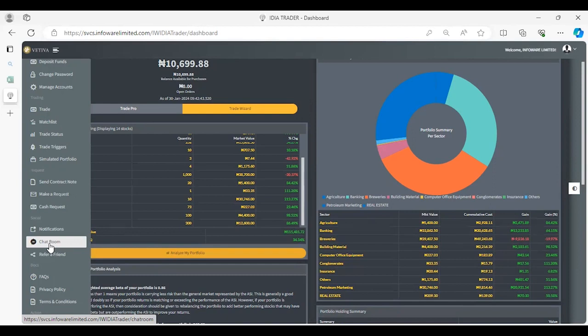So there's a chat room which you can create as well and be part of a community that helps each other grow in investment knowledge and important stuff.